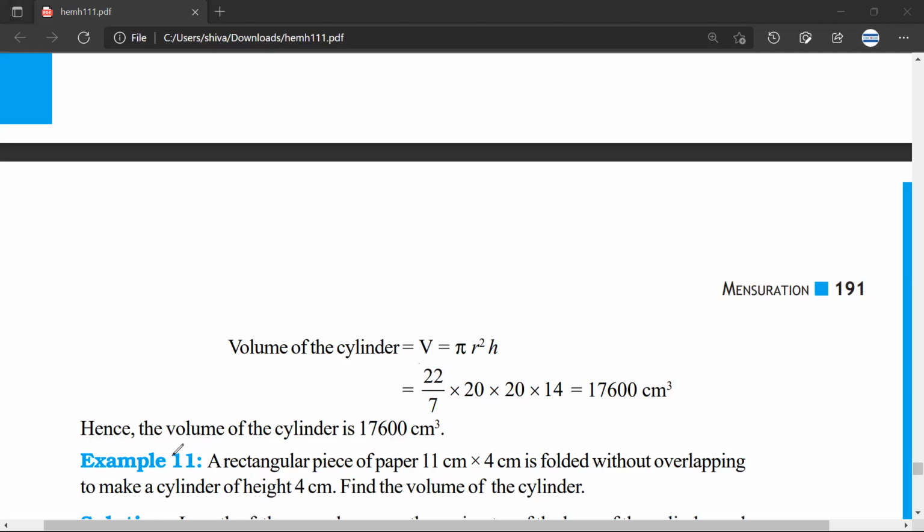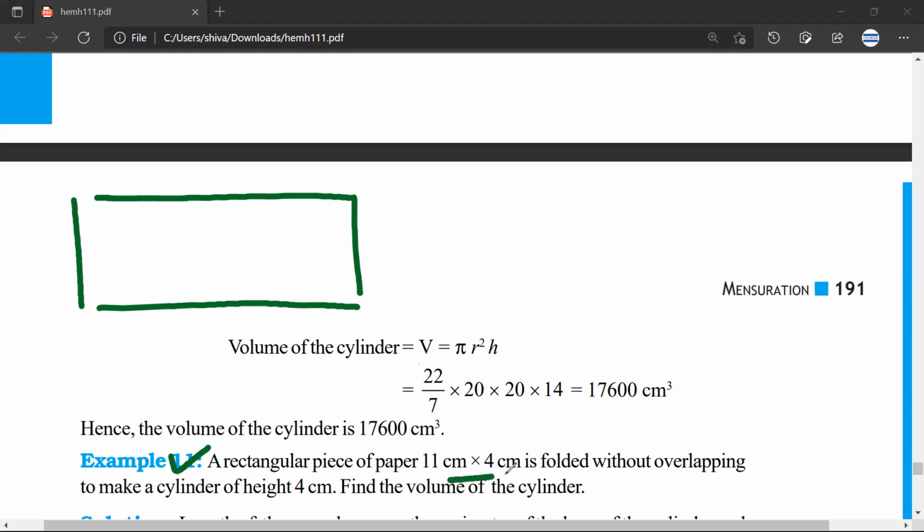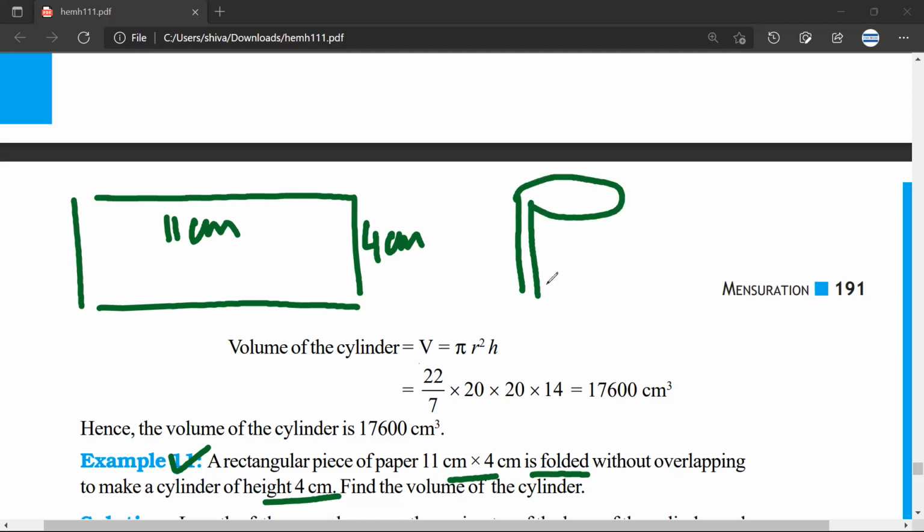Now if you look at this example 11, rectangular paper of dimensions 11 centimeter and 4 centimeter. Of course, this would be 4 centimeter and this would be 11 centimeter. Satya, have you understood? Yes, sir. It is folded without overlapping to make a cylinder of height 4 centimeter. So again, it will be rolled like this. Let me roll it like this.